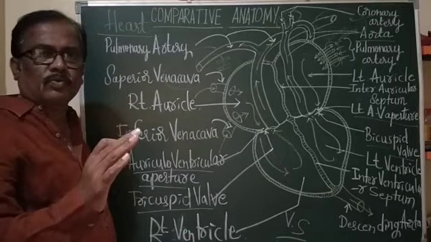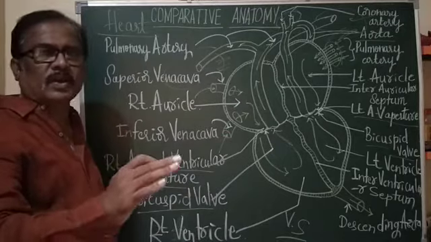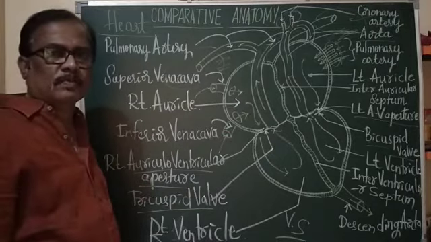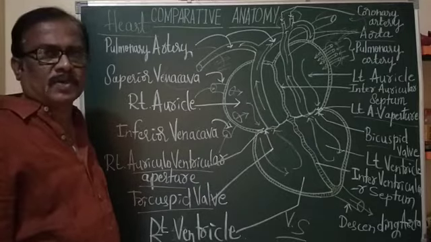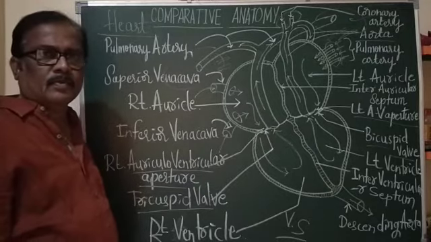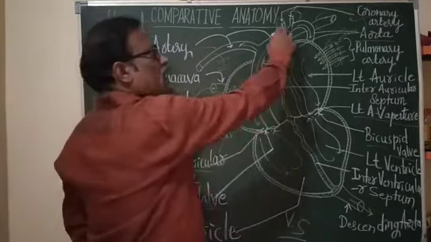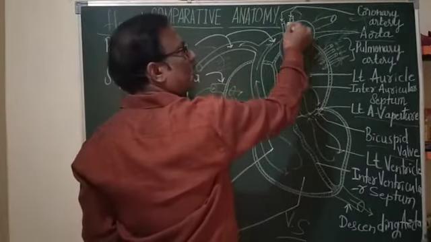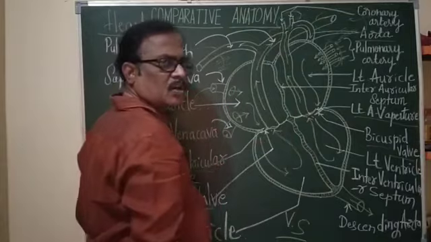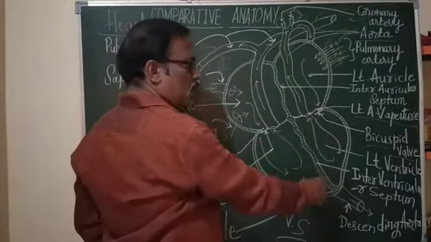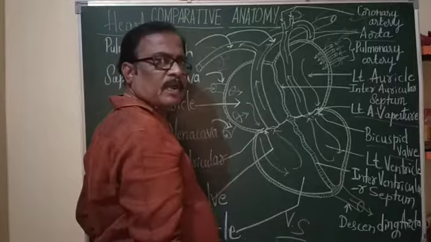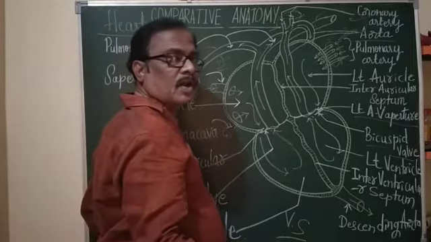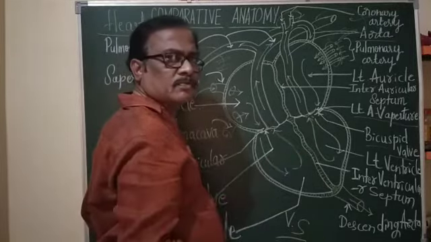That we are going to understand later, how they supply the blood circulation in physiology to the wall of the heart. So these two arteries, one is the left coronary artery, another one is the right coronary artery, on the left wall of the heart and right wall of the heart. They supply the blood to the wall of the heart for their normal function.